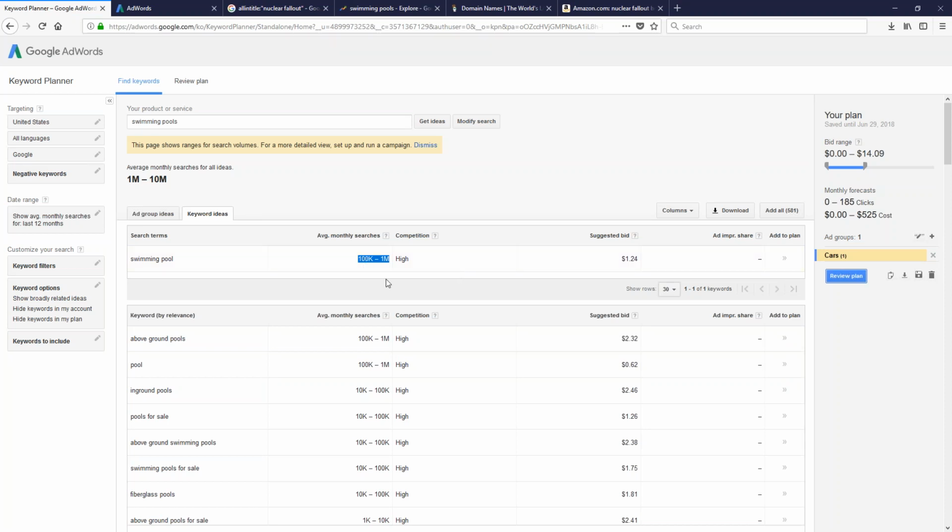The average monthly searches is not something you can expect to see every single month consistently throughout the entire year, compared with a niche like what I was just searching for, Geiger counters. I do believe that would be a lot more consistent.